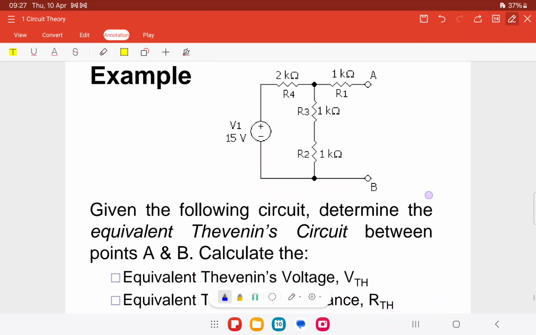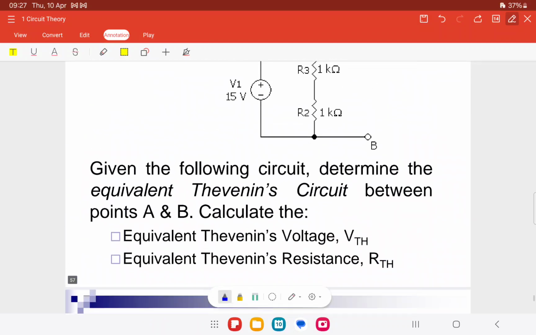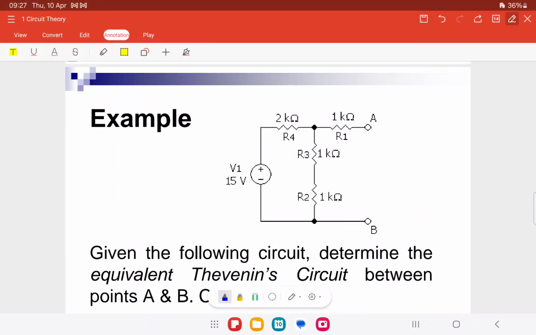Okay. This is another example. Okay, for this one, kita tukar value. This is jadikan 10. 2K become 1K.